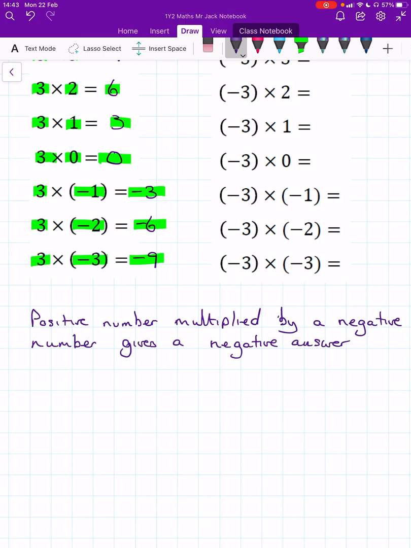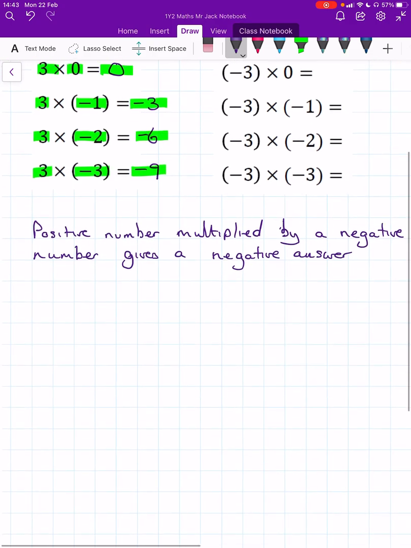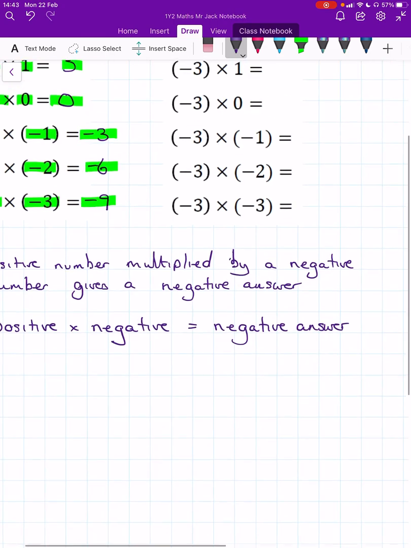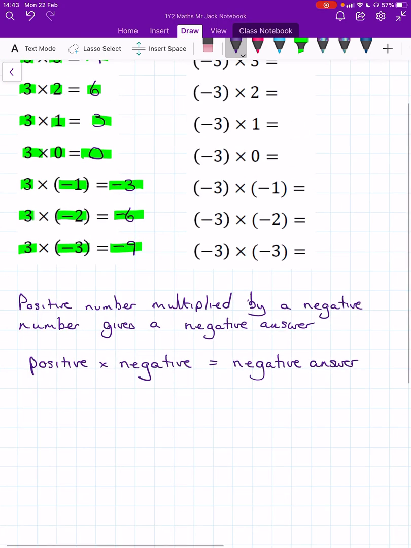Okay, so a positive number multiplied by a negative number gives a negative answer. In other words, we could write positive multiplied by negative is going to give you a negative solution or a negative answer. Okay, so that's an important thing to remember.